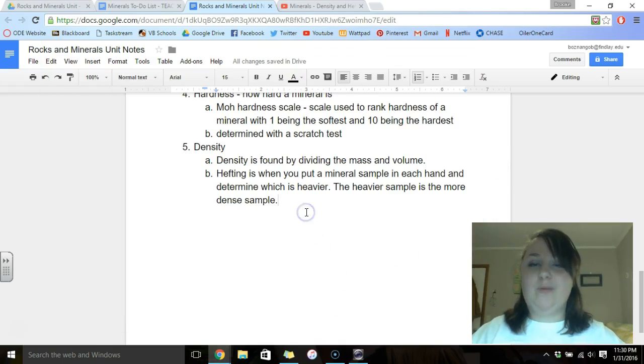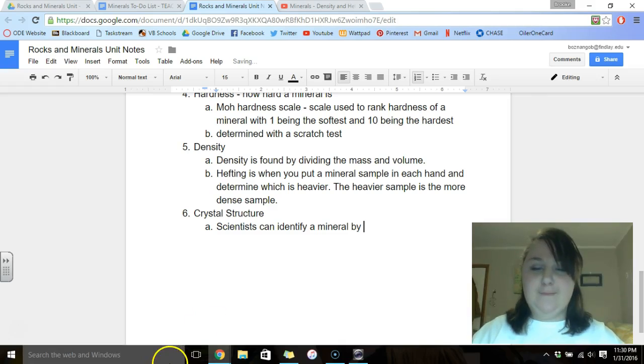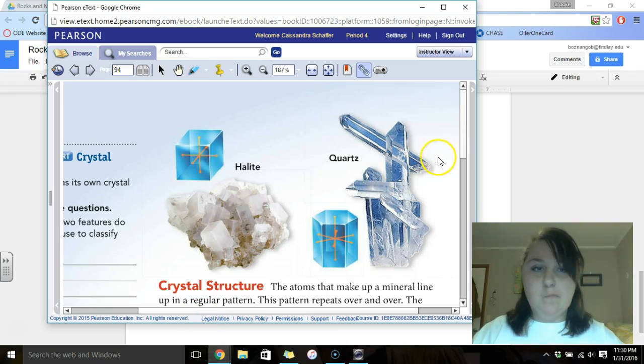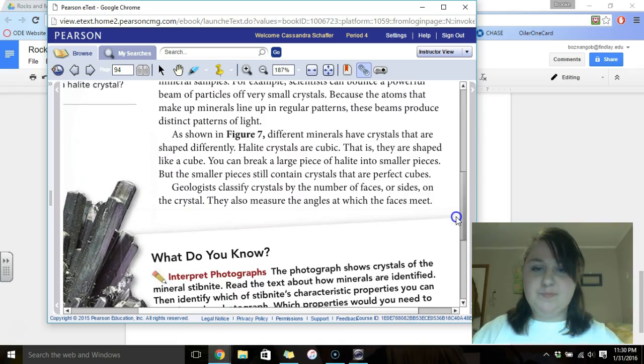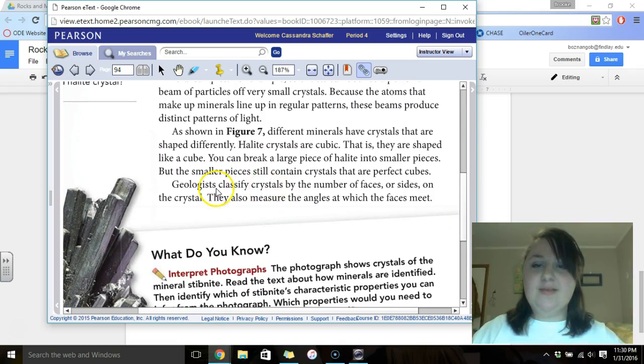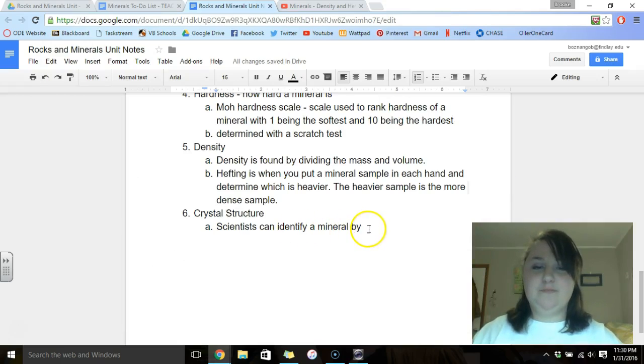So, we're going to go back to our notes. Number 6 is crystal structure. And I'm just going to put, scientists can identify a mineral by, let's go back to our notes. It said they can classify crystals by the number of faces or sides on a crystal.